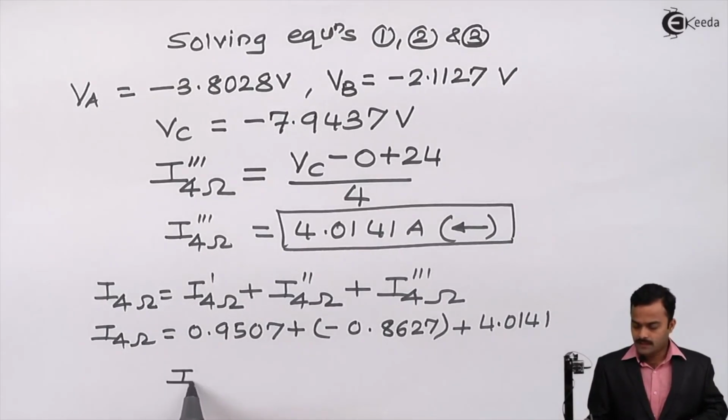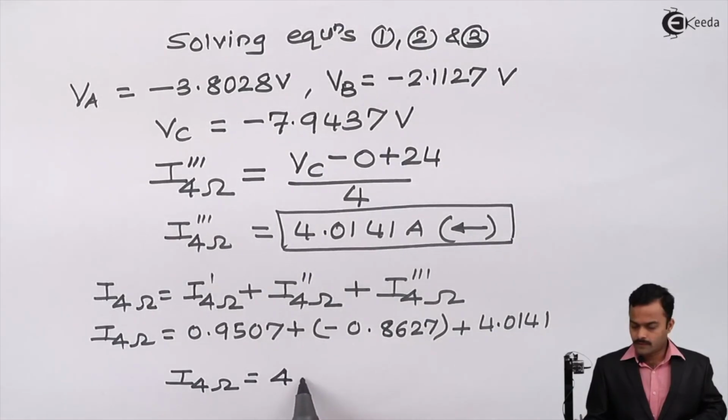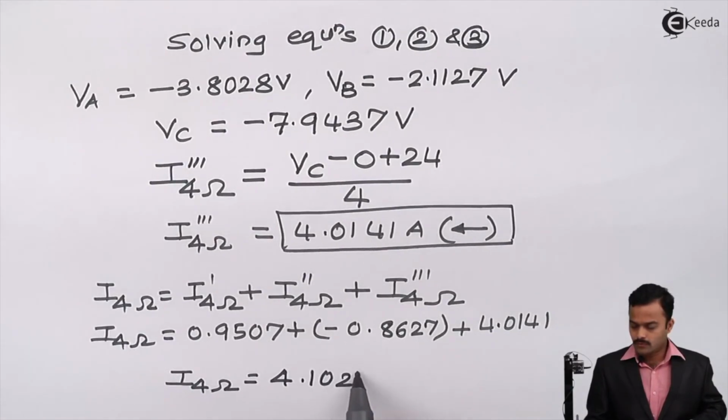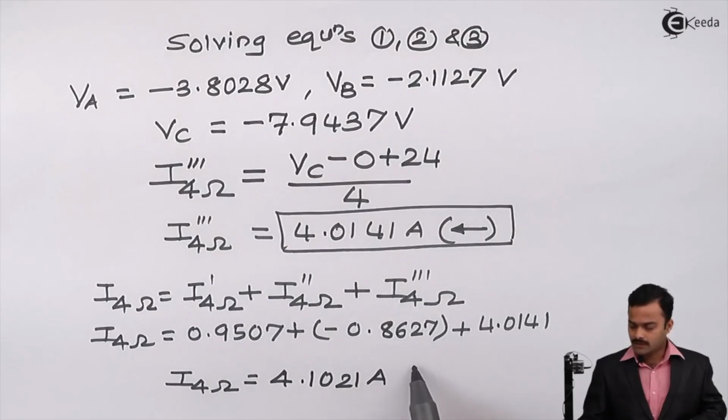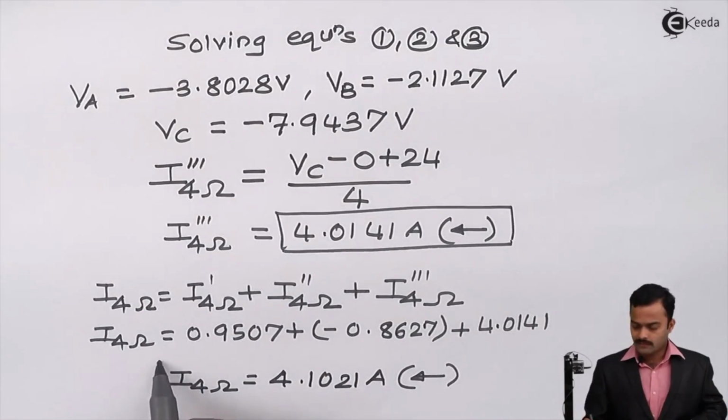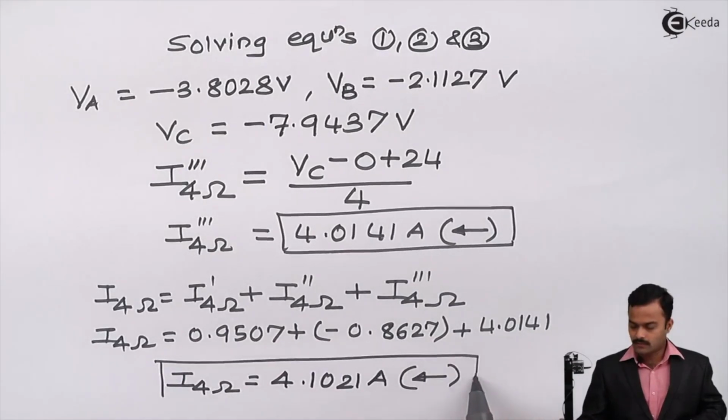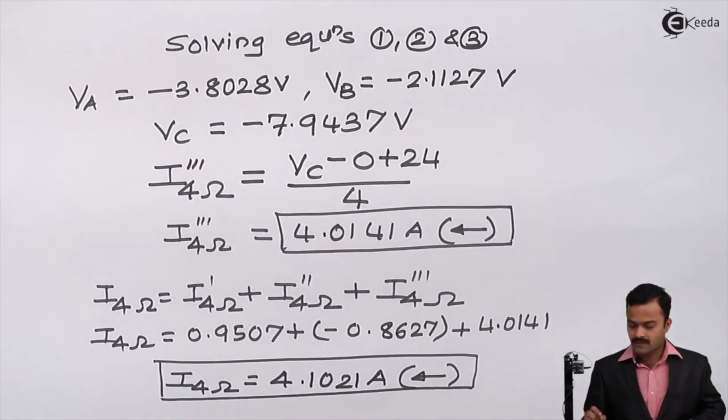So finally I will get answer 4.1021 ampere, and you have to check a final answer. If final answer is positive, whatever current direction we have assumed is correct. So that will be the final answer along with direction of current.